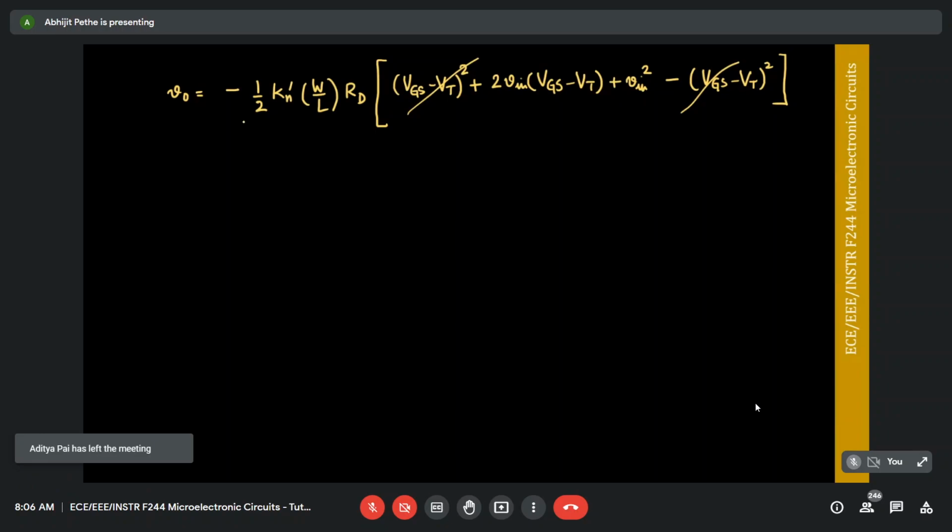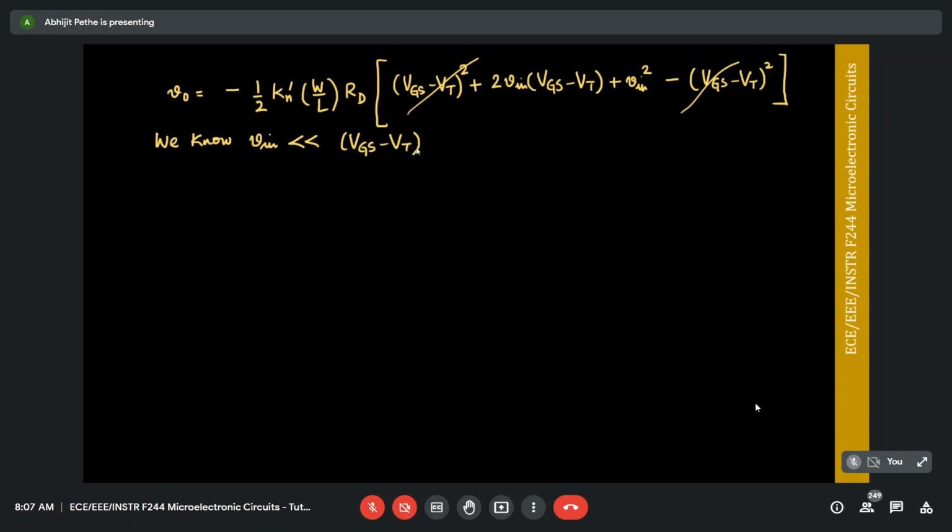Now again, what we're doing is linearizing, right? We know Vin is much smaller than VGS minus Vt, because that is the definition of the amplifier.